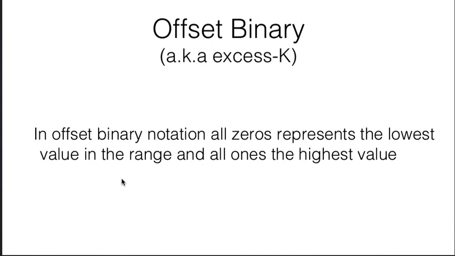Another scheme you can use is not terribly sophisticated at all, but it does allow you to have any range of integers that you want. So if you have 8 bits, for example, you can go from 0 to 255 if you're just doing positive numbers.